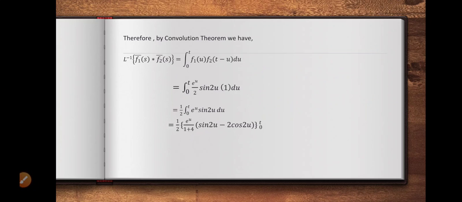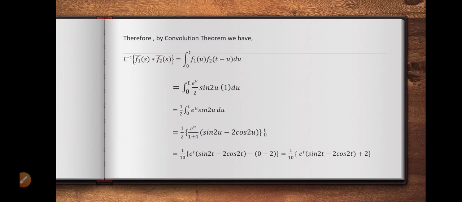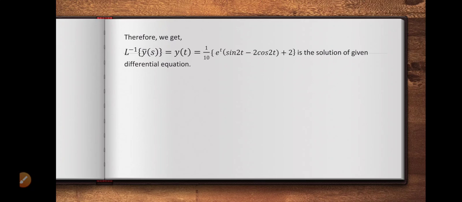So applying the result and substituting the upper limit and lower limit, you will get the final answer as 1 by 10 e raised to t into bracket sine 2t minus 2 cos 2t plus 2, and this is nothing but the solution of the given differential equation.